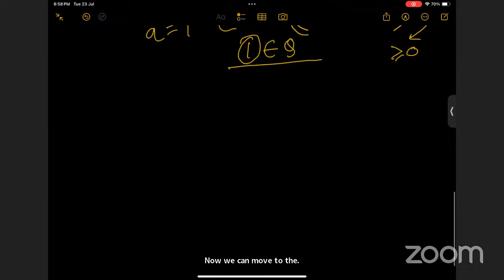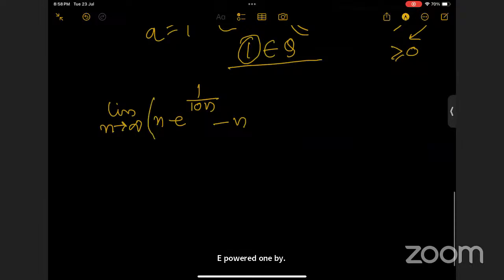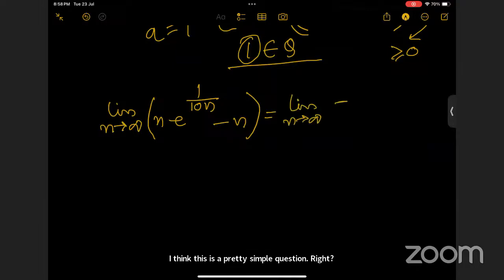We have this question: limit n tends to infinity of n times (e power 1 by 10n minus 1). This is a pretty simple question, right? You should do this on your own.